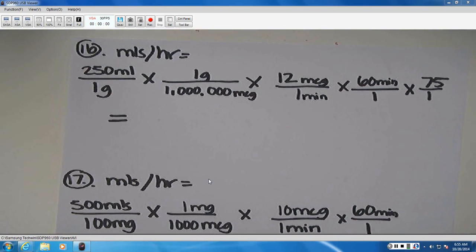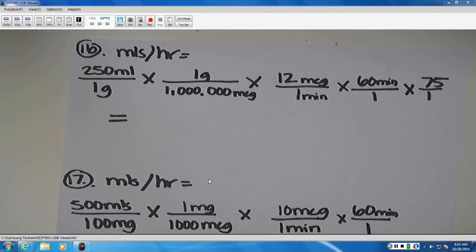Number 16, the physician orders dobutamine at 12 micrograms per kilogram per minute for a patient weighing 75 kilograms. The concentration of dobutamine is 1 gram in 250 mLs of D5W. At what rate in mLs per hour will the IV pump be programmed?